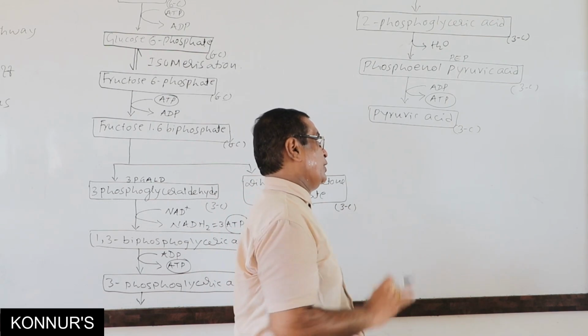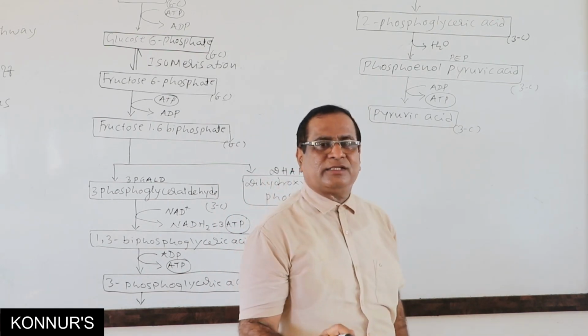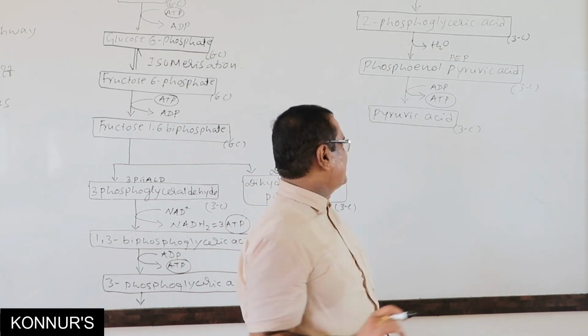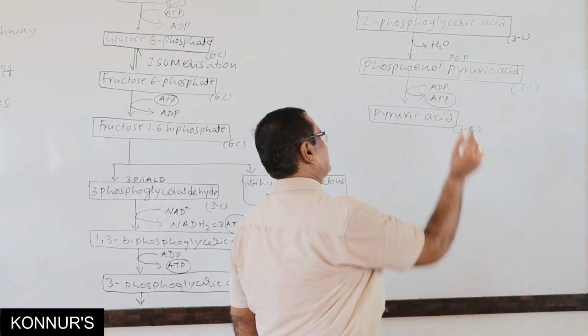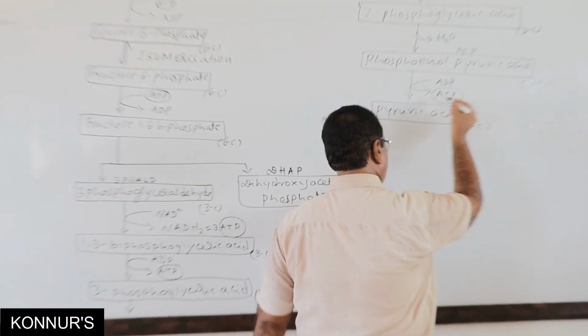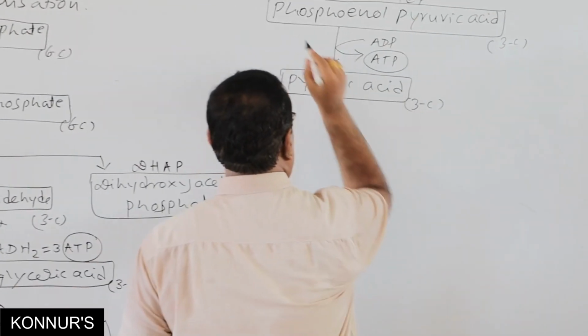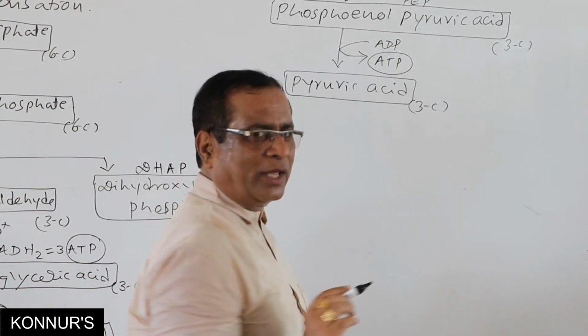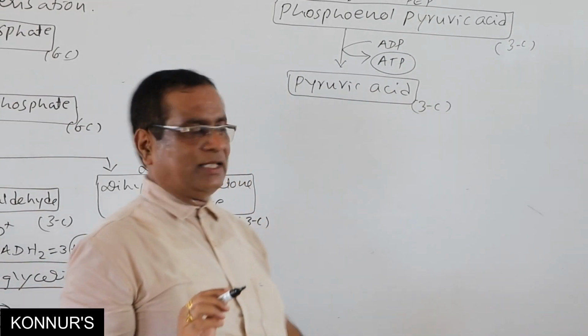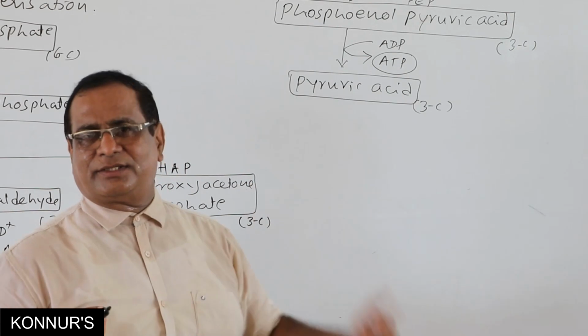And now this phosphoenolpyruvic acid, in its final step, loses its phosphate group, which is received by ADP, and ADP becomes ATP, and phosphoenolpyruvic acid becomes the final product of glycolysis, that is pyruvic acid.